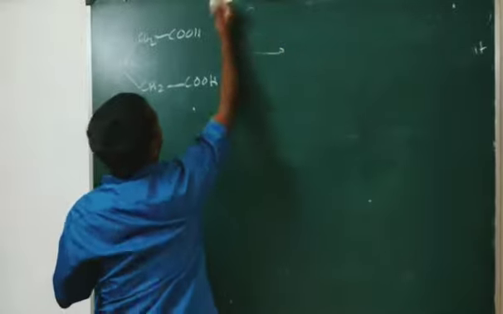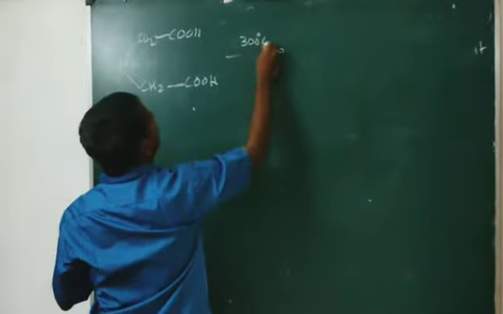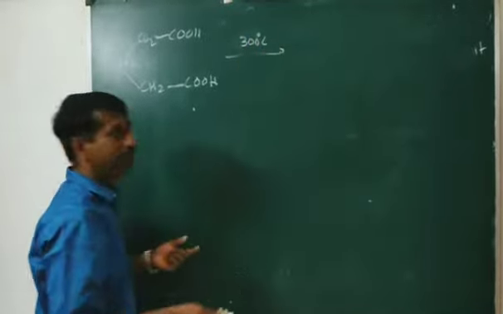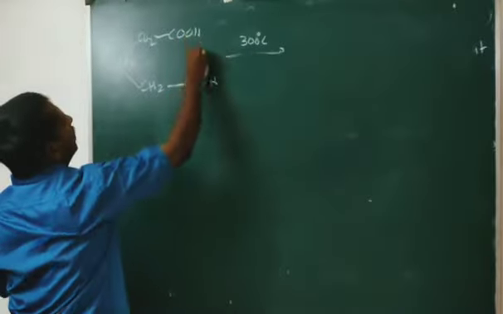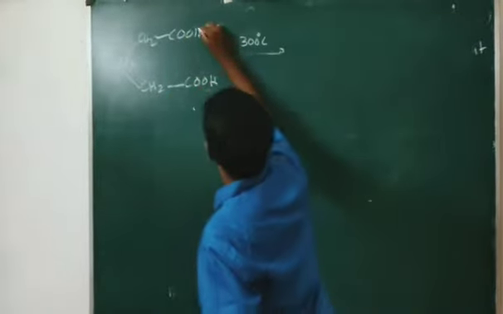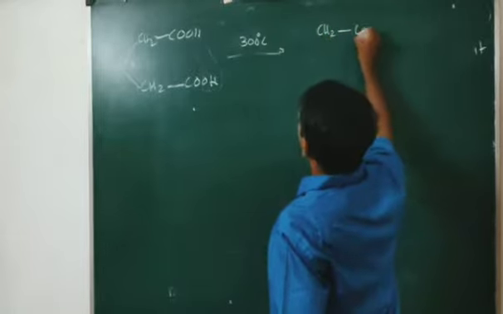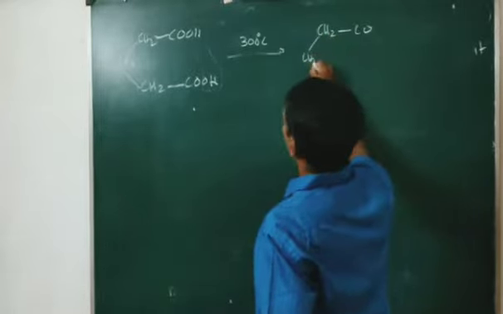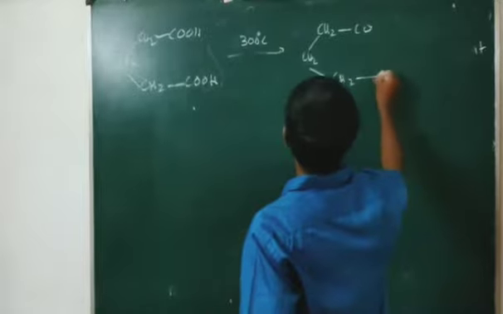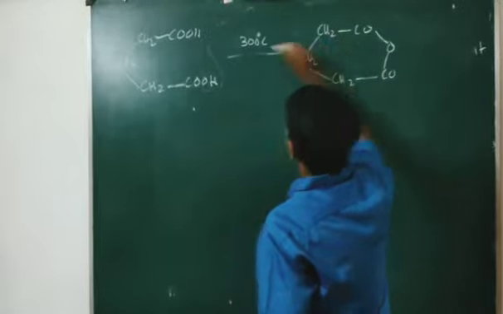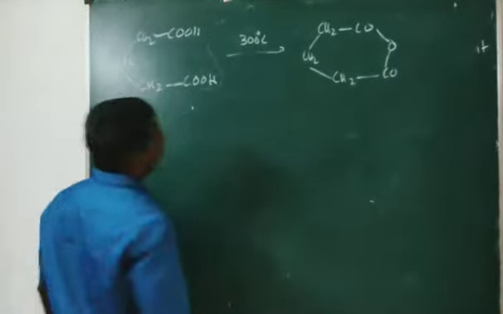Again, heated at 300 degrees Celsius, or distilled with acetic anhydride. H2O will be eliminated. What do we get? CH2, CO, here it is CH2, here it is CH2, here it is CO, then the other oxygen. We get anhydride.